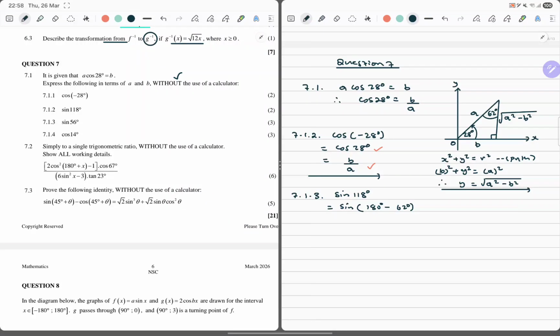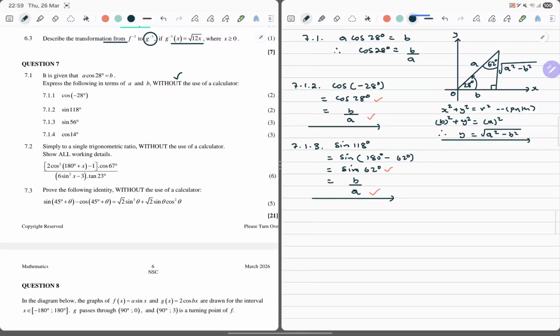Can you see, knowing the complement there was important, so this is going to reduce to sine 62 degrees, which is just going to be b over a. And we saw that this was the complement of 28, so cofunctions are equal in this case. So the reduction and the answer, nice and easy.